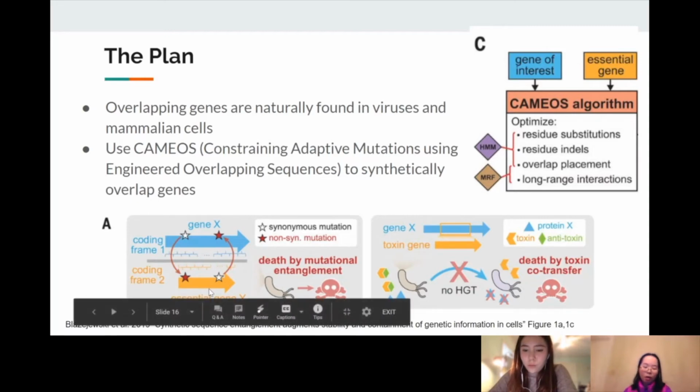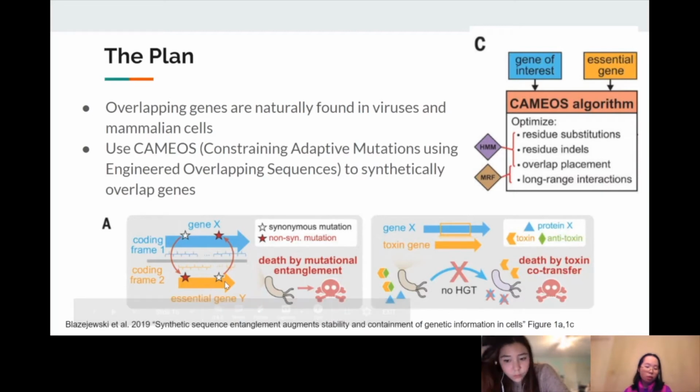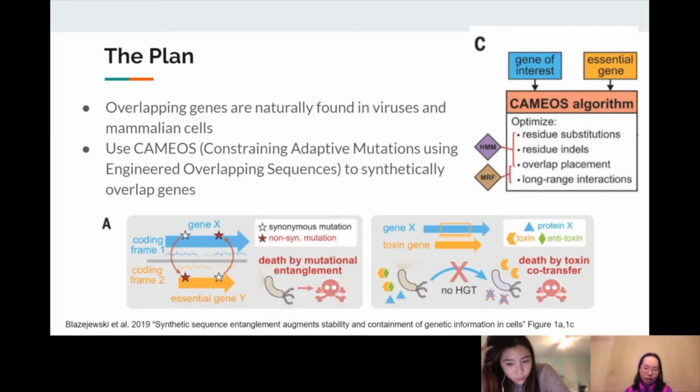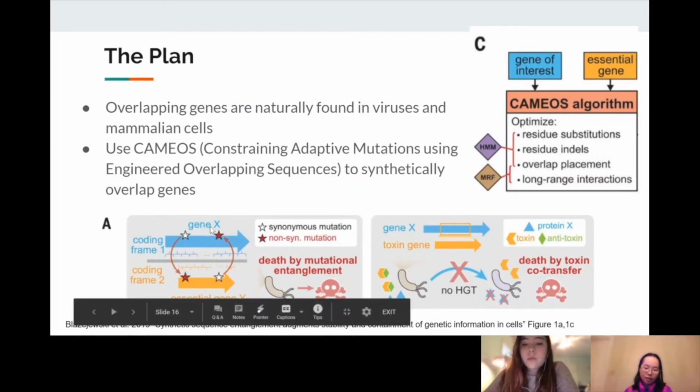So any mutants will automatically be killed. So all the bacteria, and this was done in a bacterial host, will have fewer mutations in that target gene. And you can say the same here. Let's say there is a synonymous mutation in essential gene Y. So this essential gene still works fine, but because gene X is on a different coding frame, this would result in a non-synonymous mutation, so that gene X is probably not going to function correctly anymore.